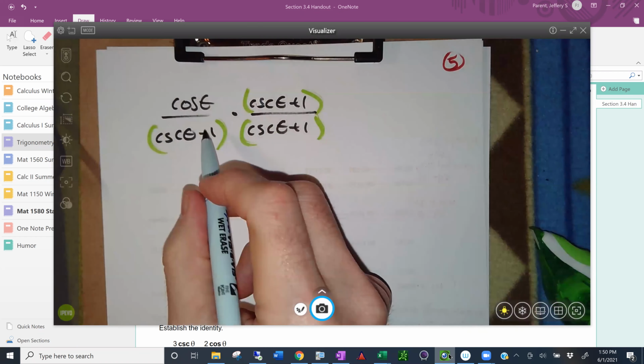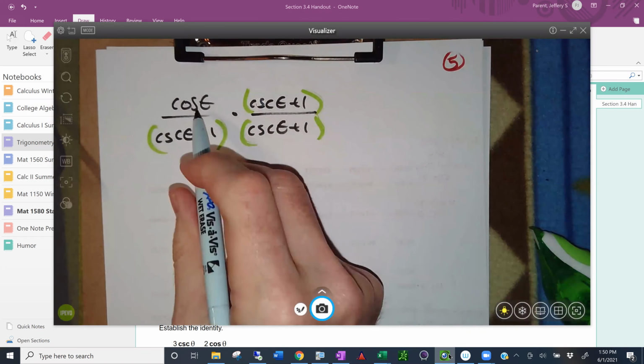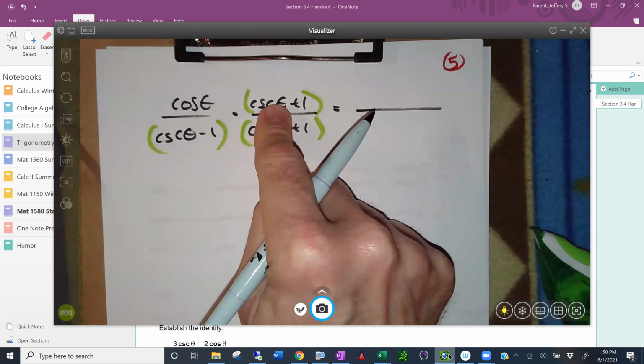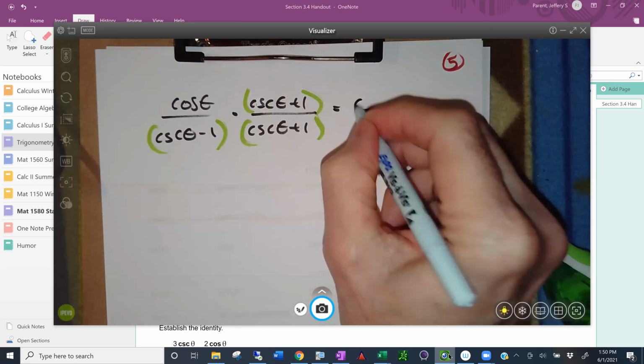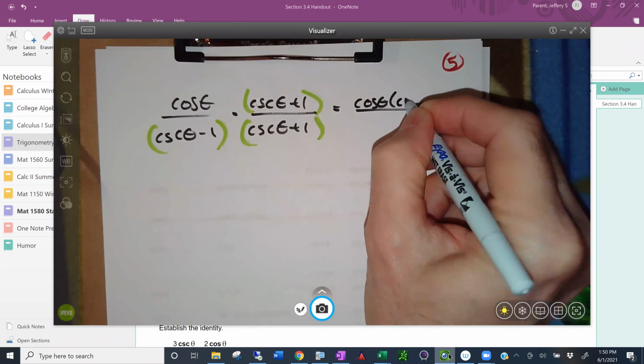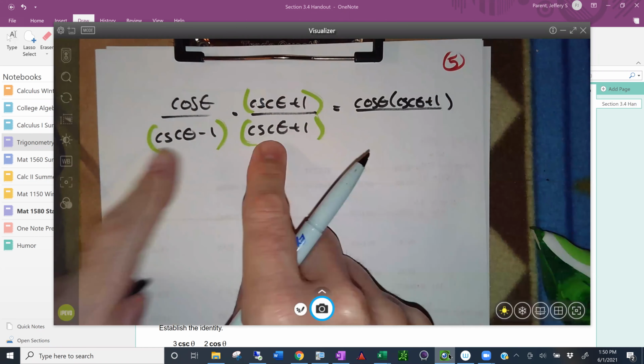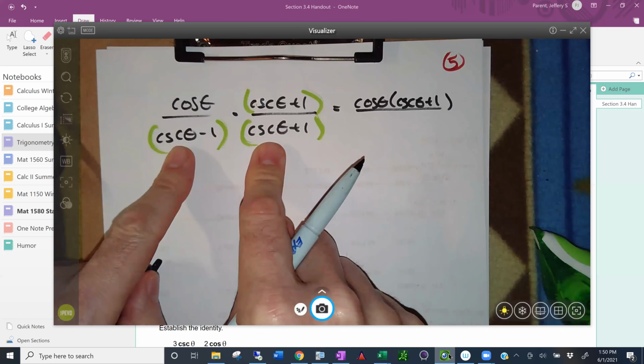In the numerator, I've got the sneaky suspicion I'm just going to leave things as they are for the moment and write that as cosine of theta times cosecant of theta plus 1. In the denominator, we're going to end up foiling again.